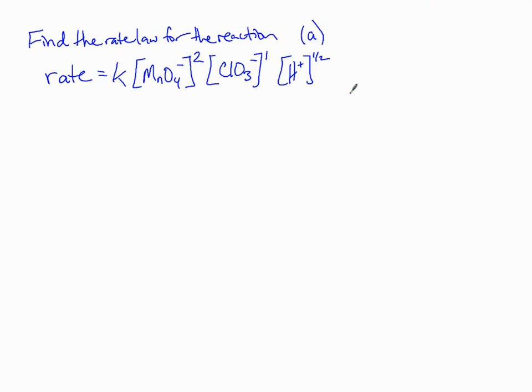It says specifically rate equals K, the rate constant, concentration of whatever to its order, concentration of the next one with its order, concentration of the next one, and so on. Usually there's only one or two. In this example, there was 3. But when it asks for write the rate law, this is exactly the format it should follow.